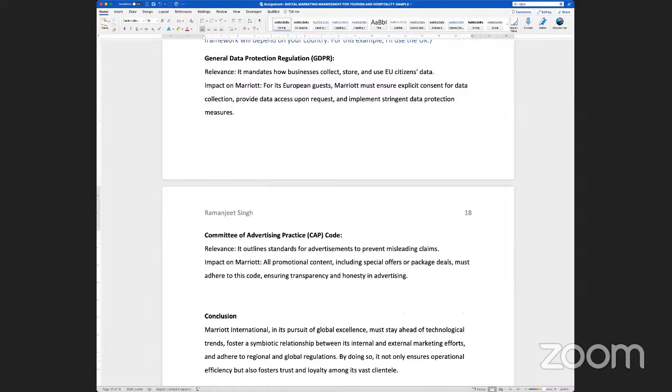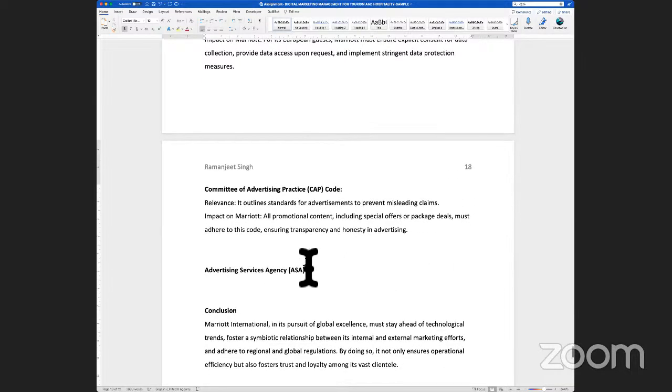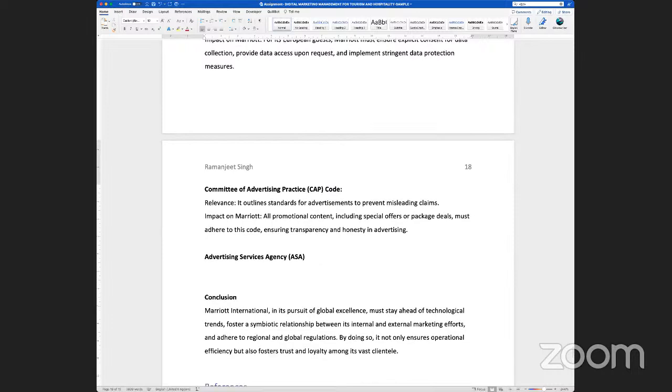The third one that I can think of is the ASA, as we call it, the Advertising Standards Authority. That is an agency which sets out guidelines with regards to what your ads can say and talk about in regards to the branding or the messaging that you send out, and that would help you cover this part.